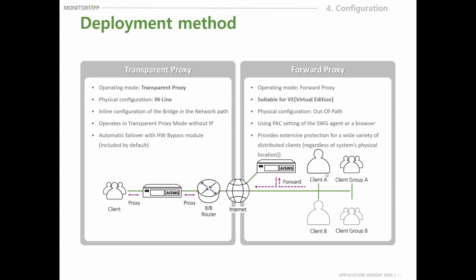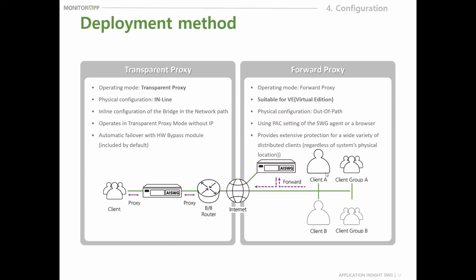So if the appliance hardware or software has any unexpected issue, like a power shutdown, for example, then the traffic will be bypassed immediately and automatically without any service impact.